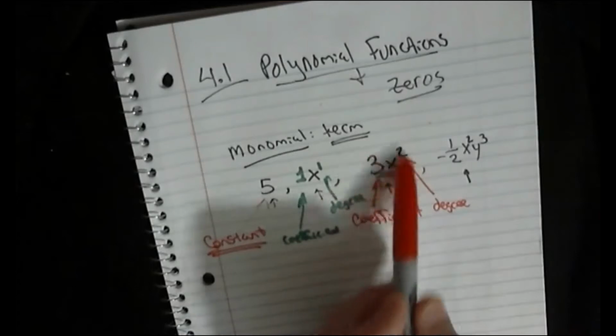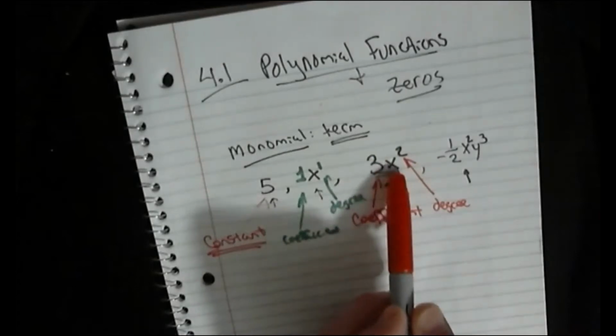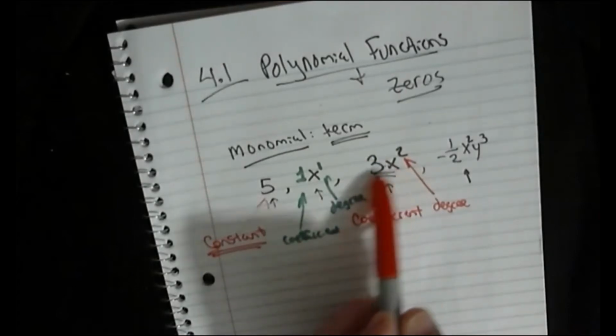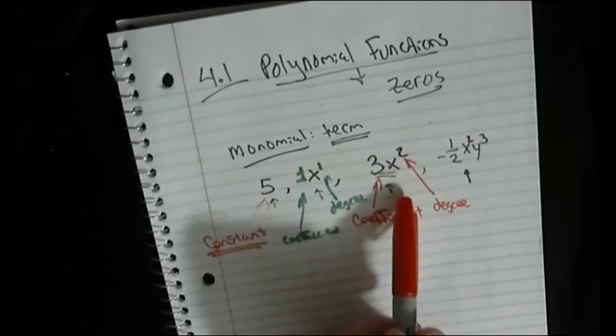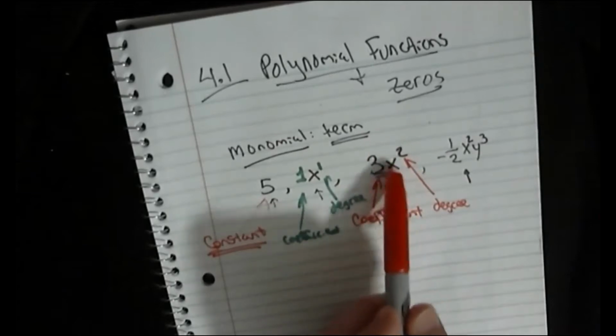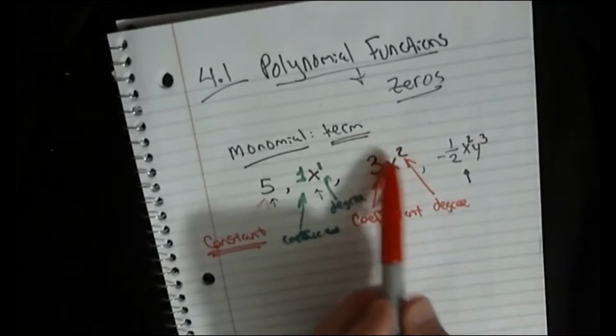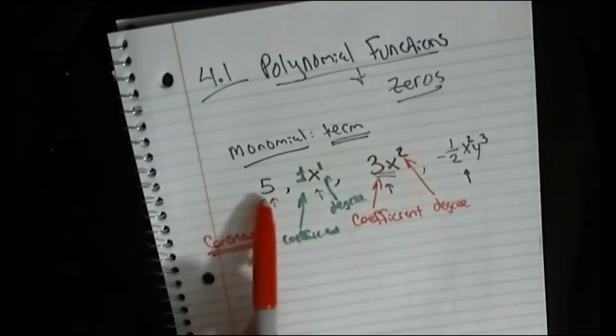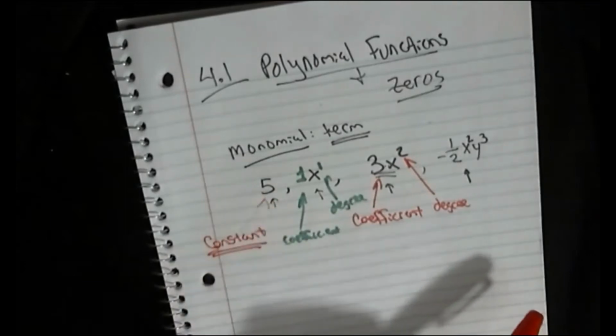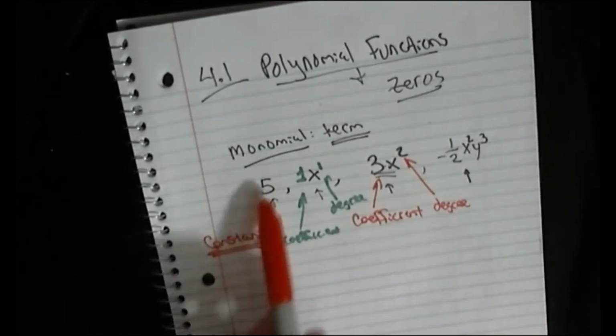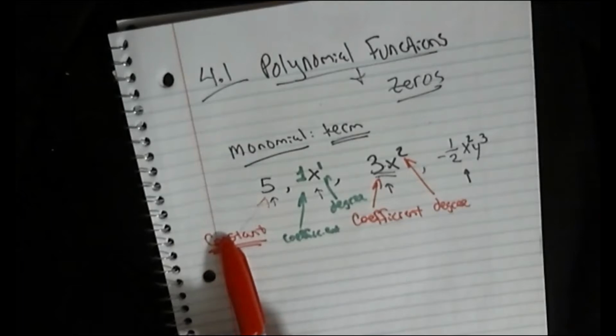This is worth a different number based off of what your x is. If your x is 0, this whole thing is worth 0. If your x is 2, 2 squared is 4 times 3 is 12, this whole thing would be worth 12. So this number varies because of the variable. With no variable, this is a constant. It'll always be 5.